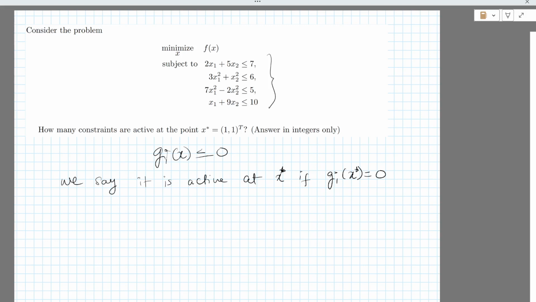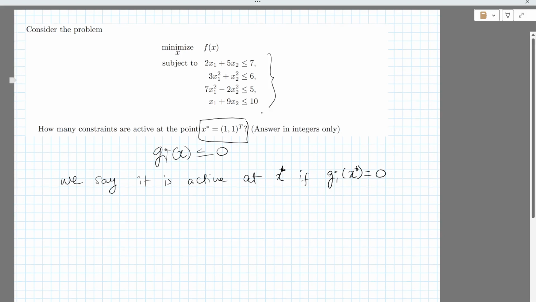So what we need to do is substitute this point x star in each of the constraints and see where the equality holds.